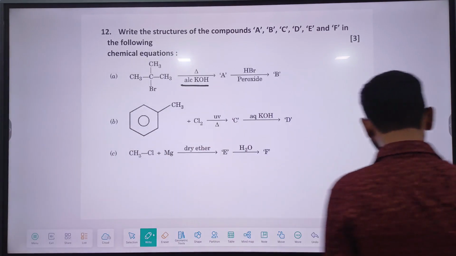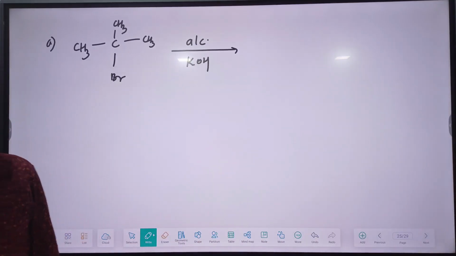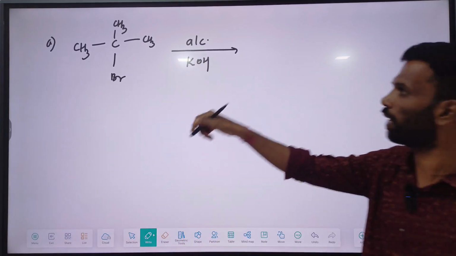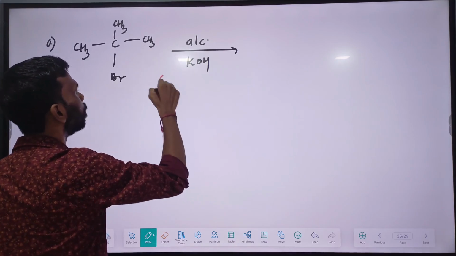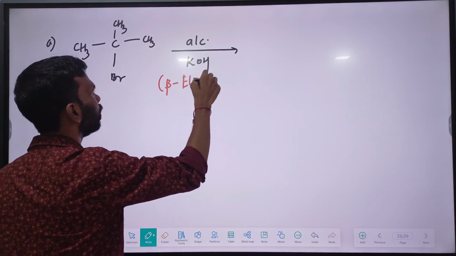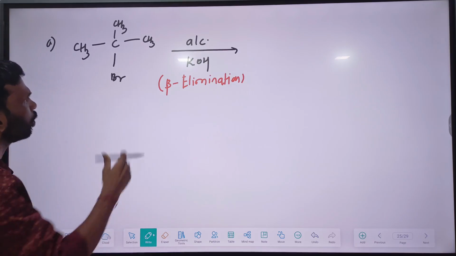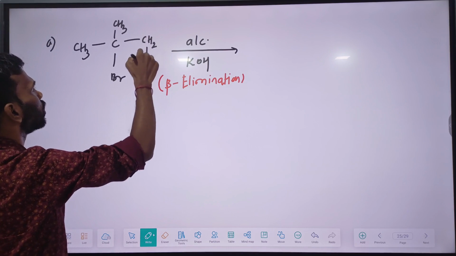So what reaction will it undergo? Can you comment? Please pause the video for some time. And just now I told you, if it is alcoholic, elimination reaction. So over here there is elimination. Which elimination? Beta elimination or dehydrohalogenation. Beta elimination means there is CH3, I'll write CH2H.